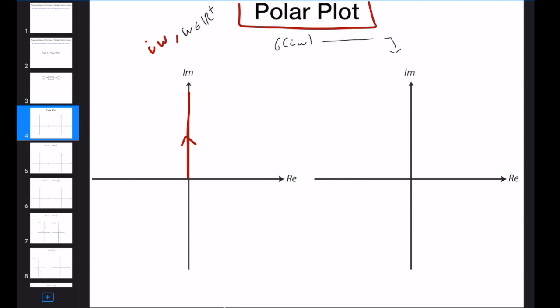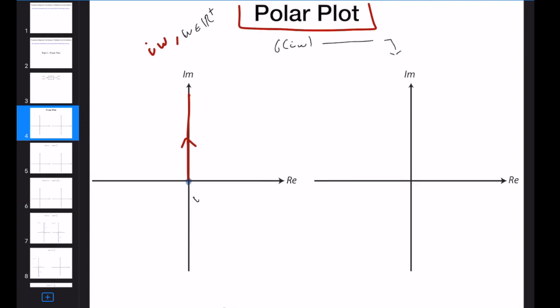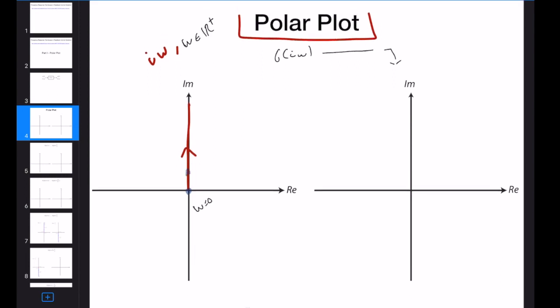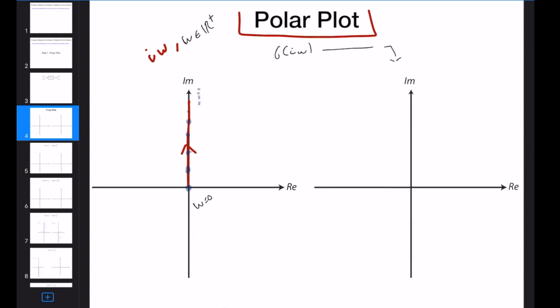Actually, the process is very easy. We start with omega equal to 0, pick a different frequency here, a different frequency here, and we go until omega goes to infinity.